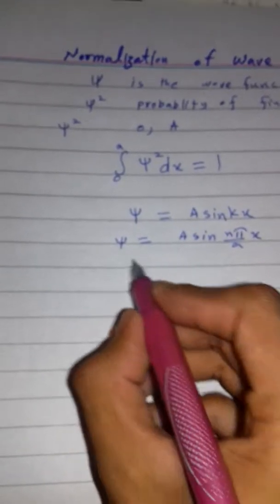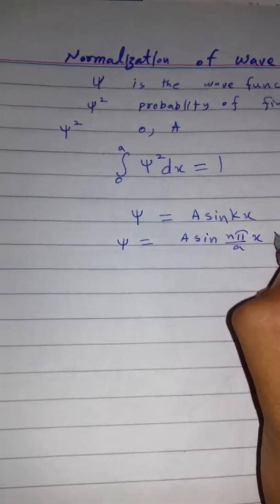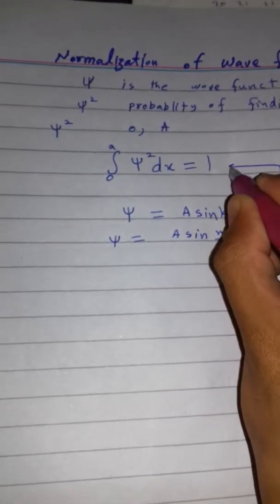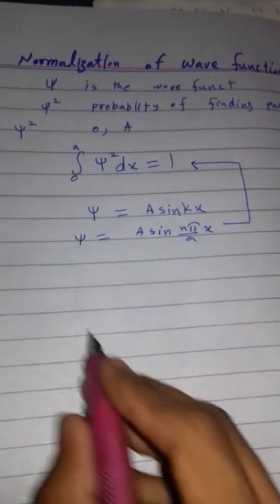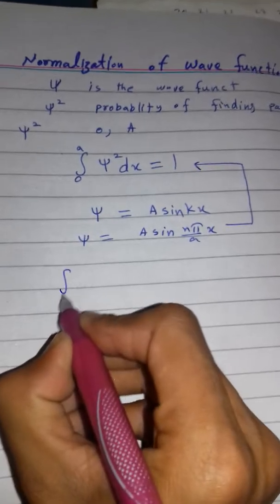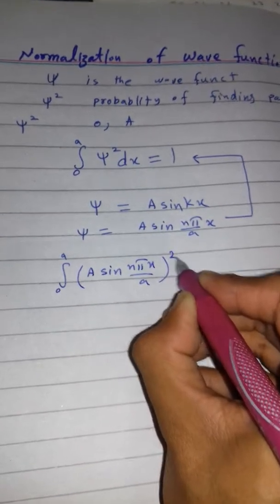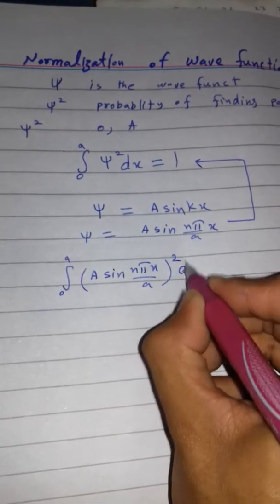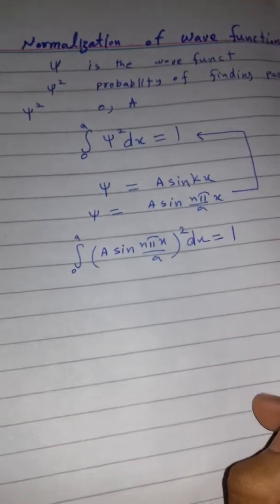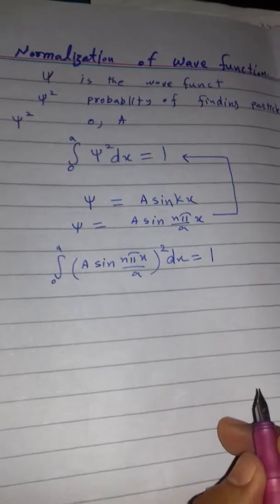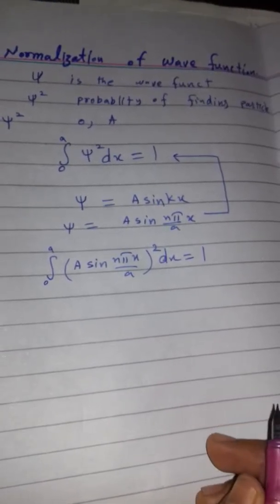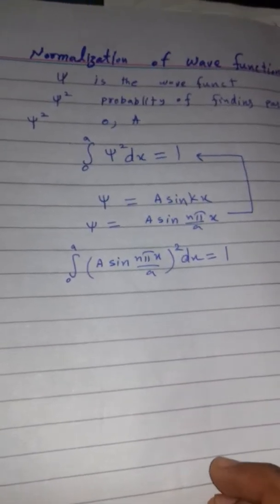Now by putting this value in the normalization equation, the integral from 0 to a of (A sin(nπx/a))² dx is equal to 1. Remember that we are discussing the normalization of wave function.